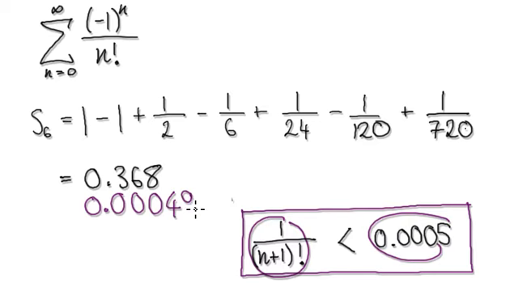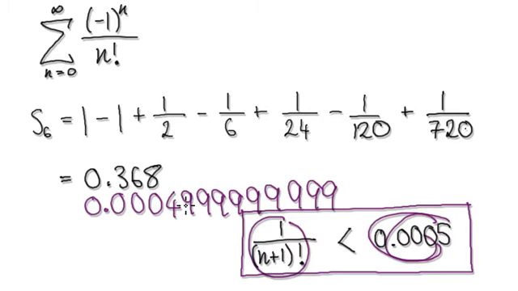So let's say 0.0000499999, because it's less than this value here. So this could be plus or minus. So you've got to round it. Well, either way, whichever way you round it off, it will take you to this value here.